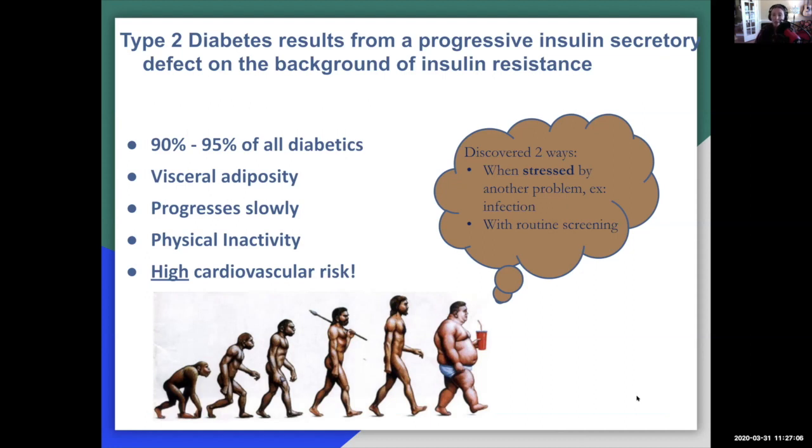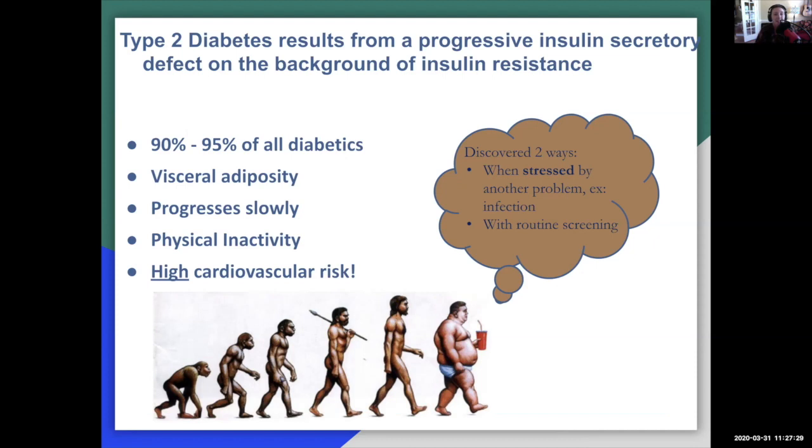So here in the bubble, we delineate how it gets discovered. Okay, we already talked about routine screening, but another time it can really present itself is if, let's say, you are hospitalized for something else. You get pneumonia and you are really sick, or you have a major surgery.